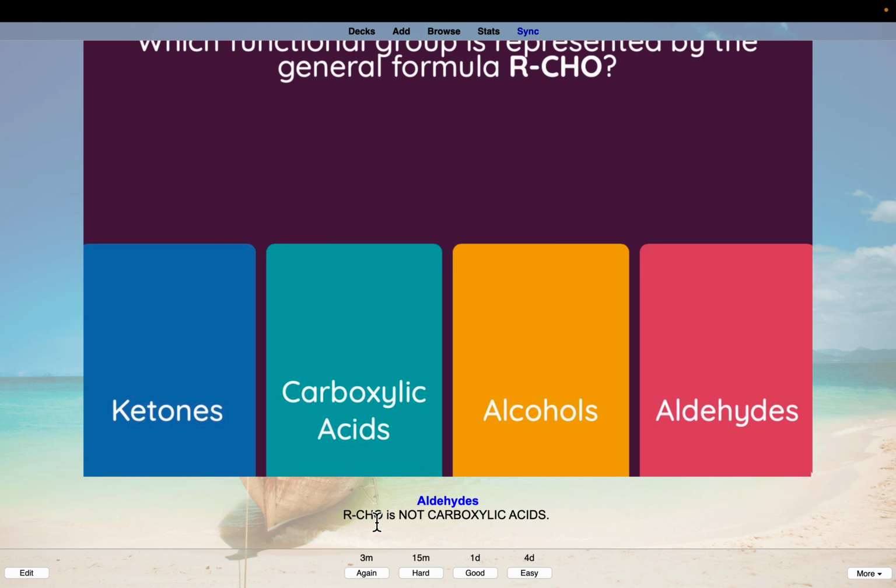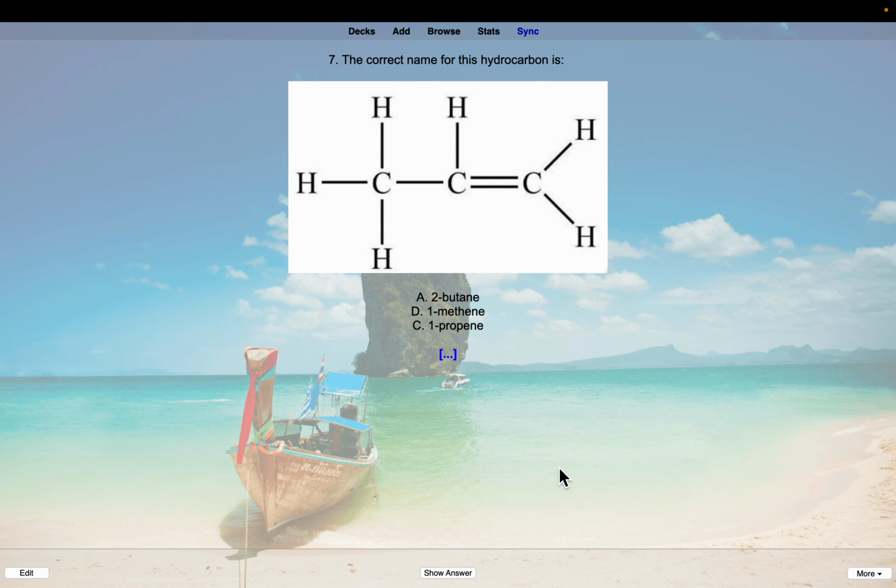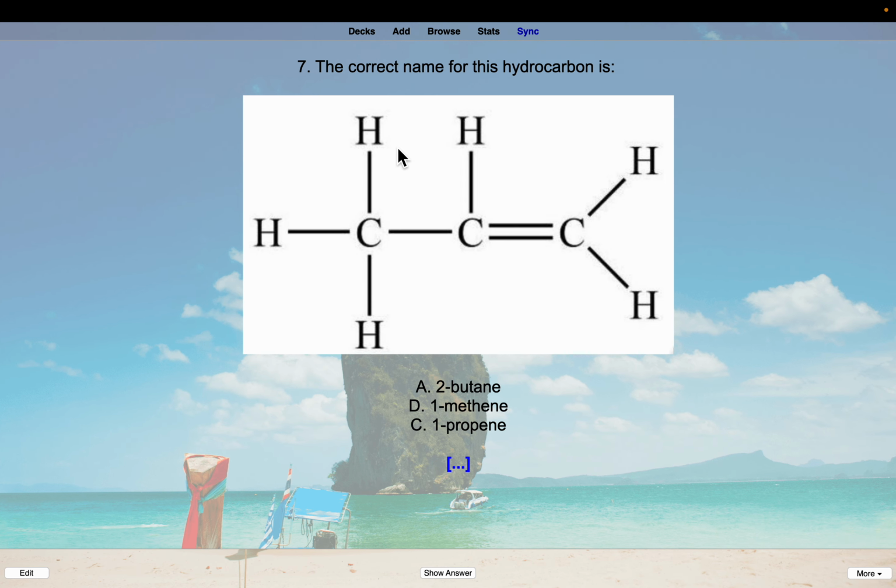RCHO is not a carboxylic acid. The correct name for this hydrocarbon is what? So we start counting from the right because the double bond is closer to the right. We have three carbons, so this is okay. Letter C is the answer.